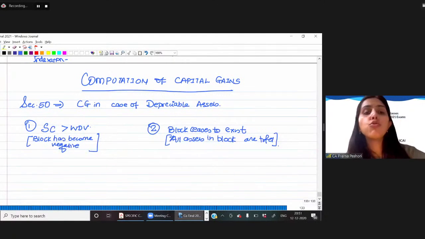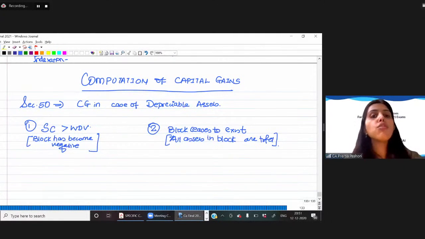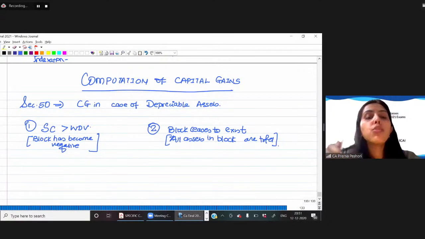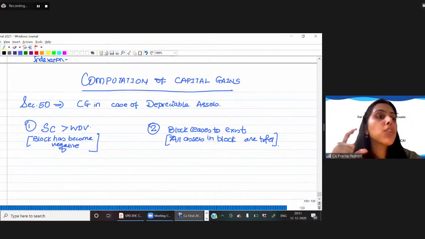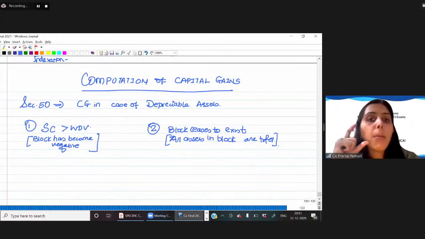So usually you have the block of asset for depreciable asset, right? For every block, you don't need to consider asset wise, you consider block of asset, like entire plant and machinery, entire amount of furniture, you take it into one block. So capital gain arising on transfer of a depreciable asset shall be computed with respect to the block of assets. How will you compute?